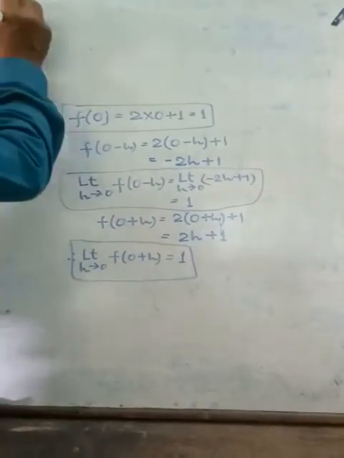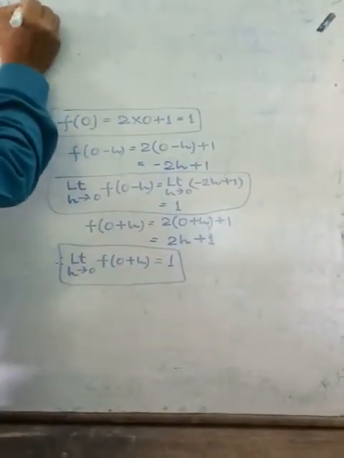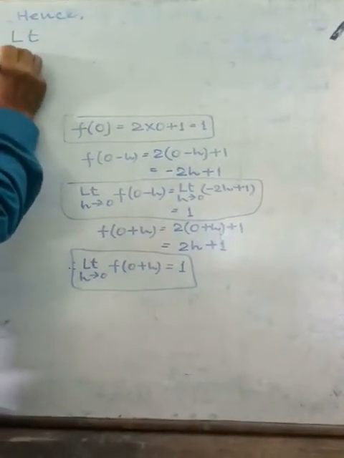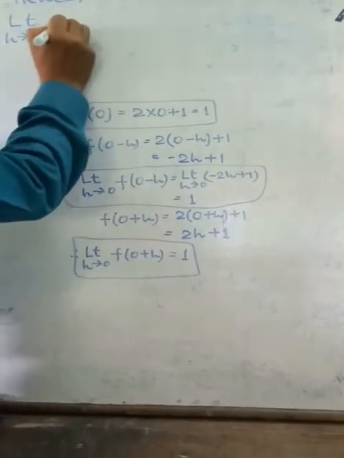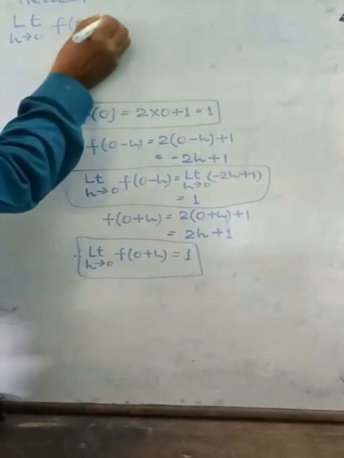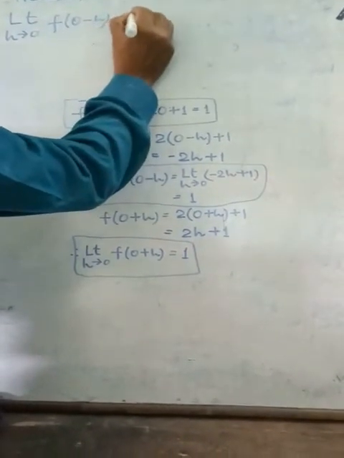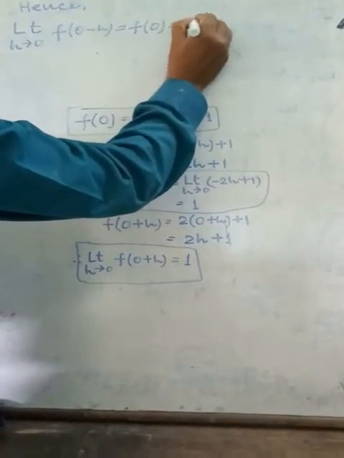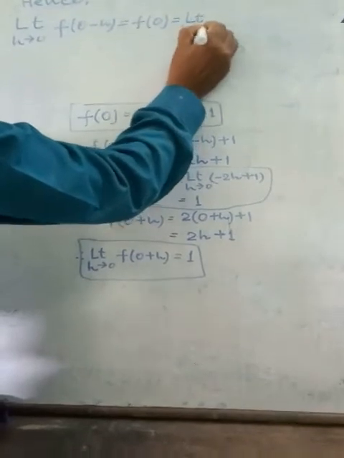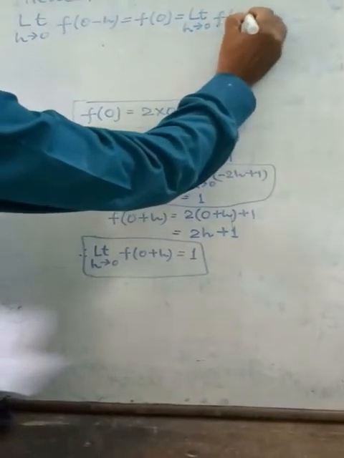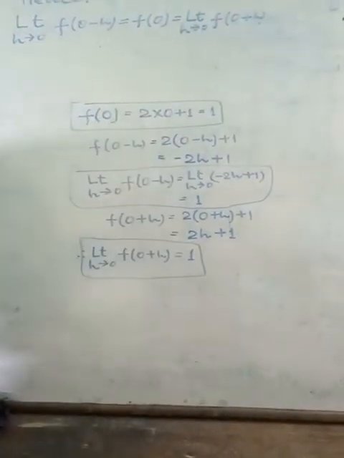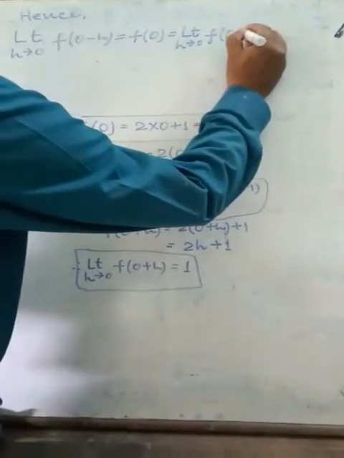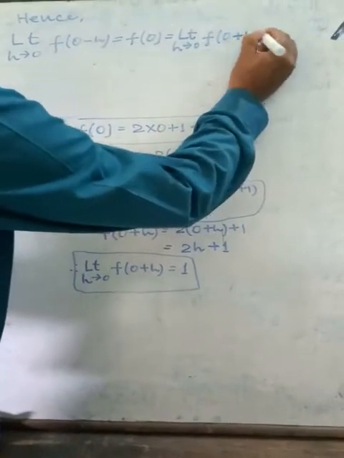And finally we write: hence limit h tending to 0, f(0 minus h) is equal to f(0) is equal to limit h tending to 0, f(0 plus h). All the three values are equal.